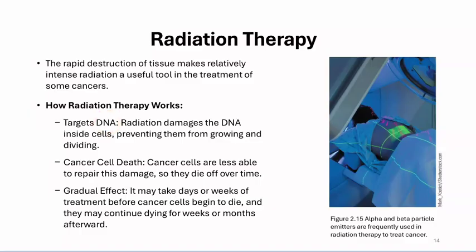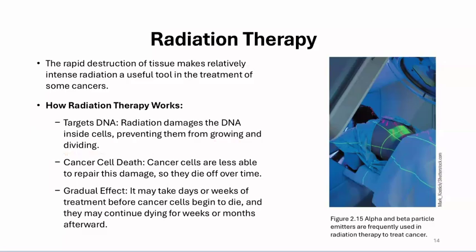Radiation damages those DNA molecules inside of those cancer cells. And because DNA is the molecule that sends the message for growth and division, once the DNA is damaged, then cancer cells specifically are going to be prevented from growing and from dividing.